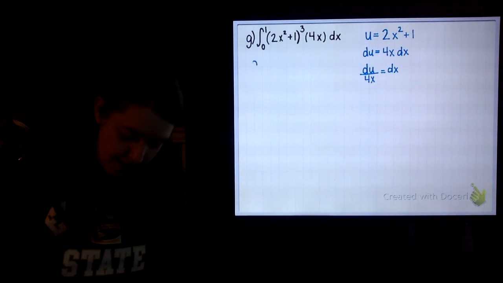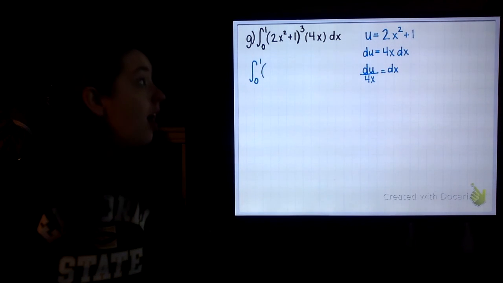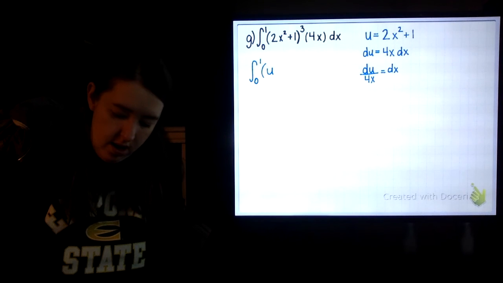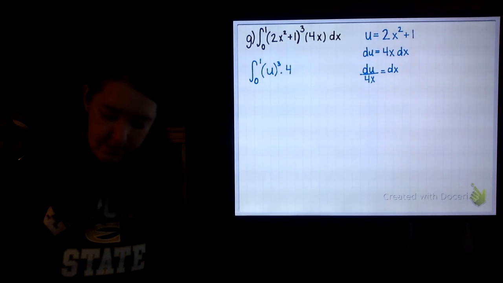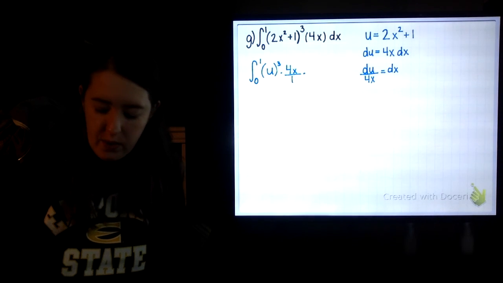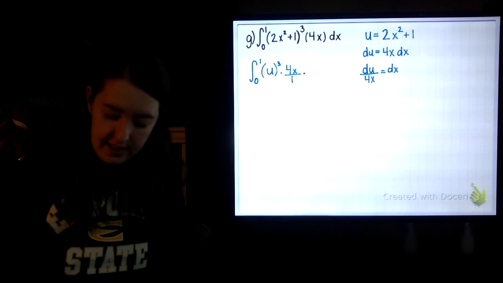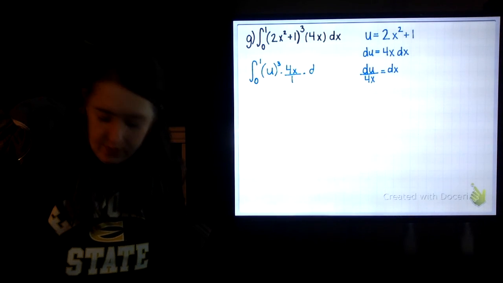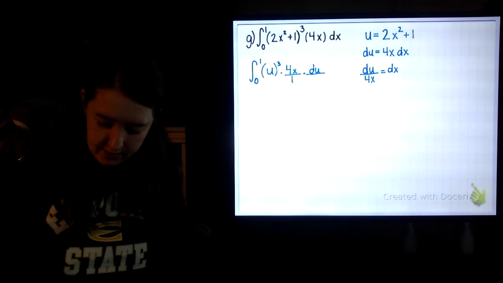So now we'll substitute in what we can. Right now we have the integral from 0 to 1 of u cubed times 4x, and I'm going to put that over 1. And then I can rewrite dx as du over 4x.